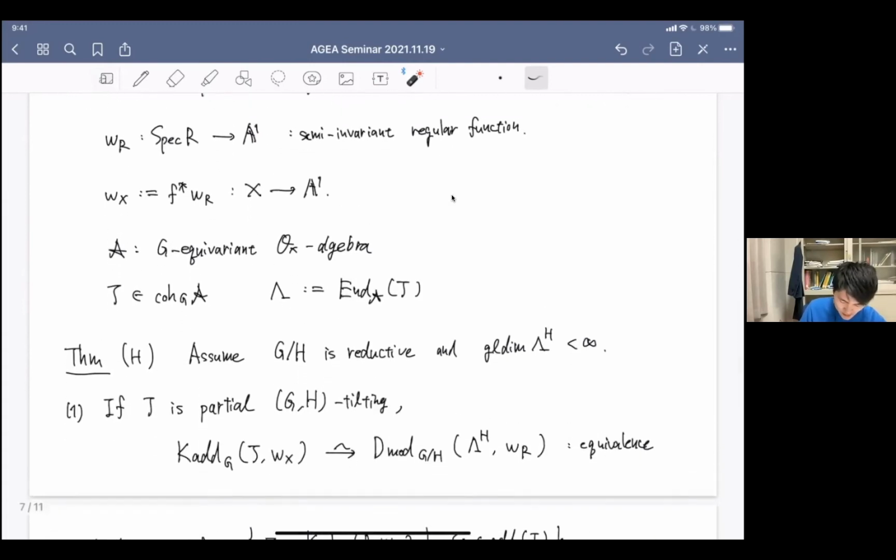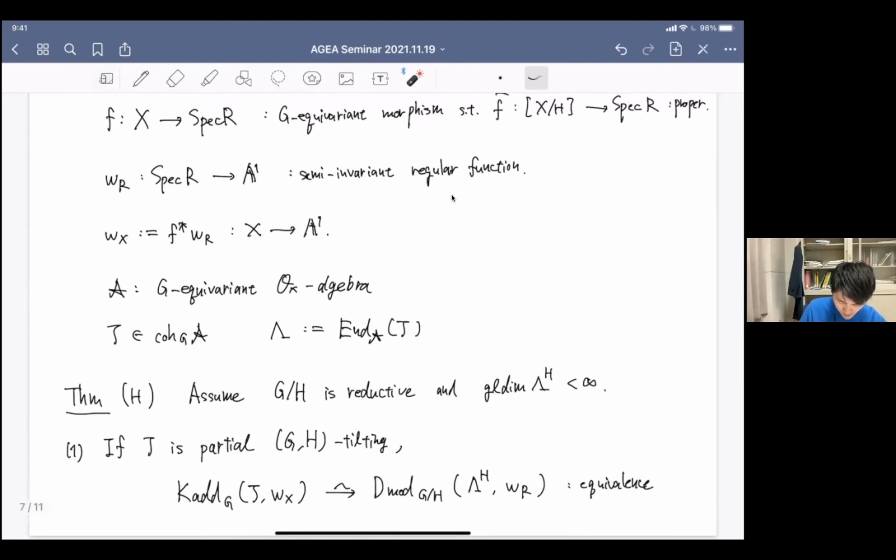So in this setting, the main result is the following. First, assume that G over H is reductive, and the global dimension of lambda H is finite.